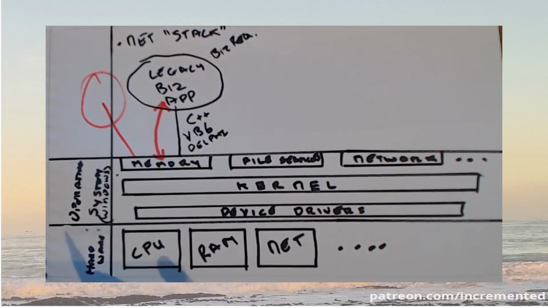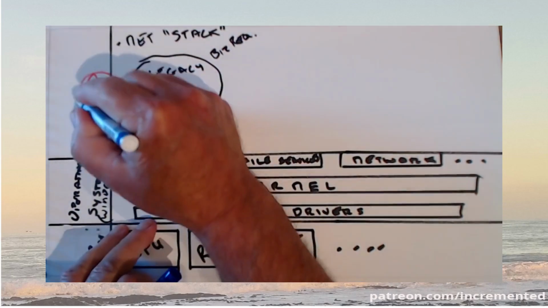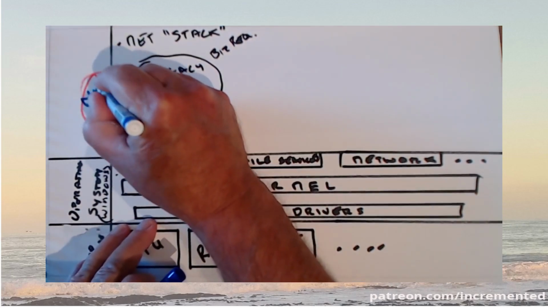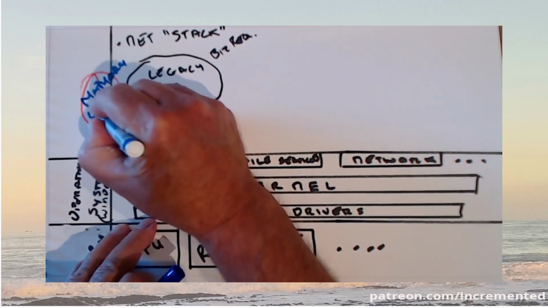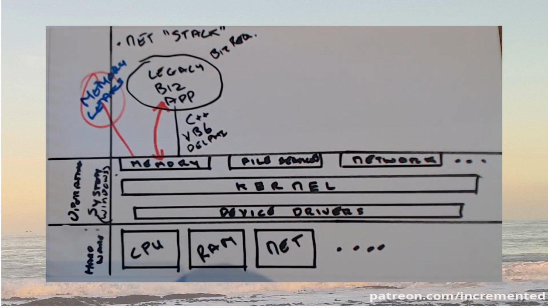Now, if we forget to do this, and this unfortunately happened a lot, then eventually we would get what we call memory leaks. It's like a bucket leaking water. Our application leaks memory from our operating system and just doesn't give it back.